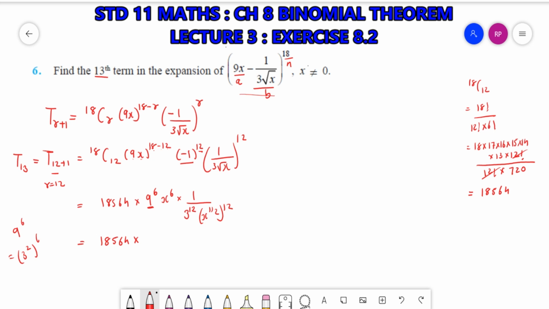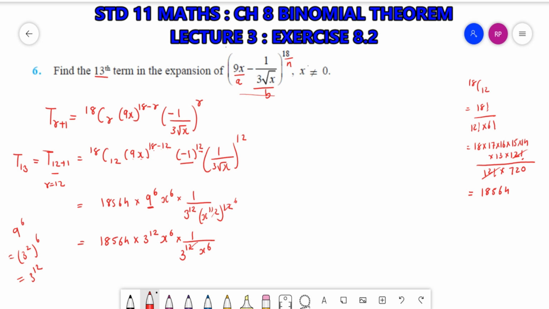9 raised to 6, I can write it down as 3 square whole raised to 6. Right? Clear? So this will be equal to 3 raised to 12. So here I can write 3 raised to 12 x raised to 6 into 1 by 3 raised to 12. Now 12 and 1 by 2, so it will be x raised to 6.